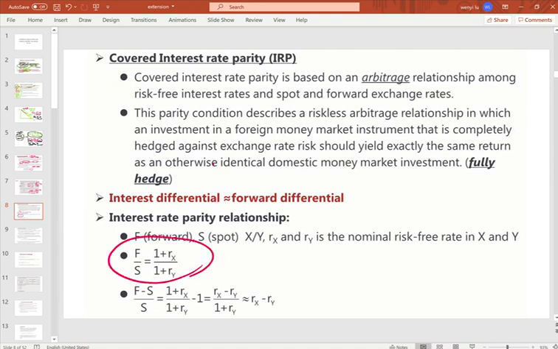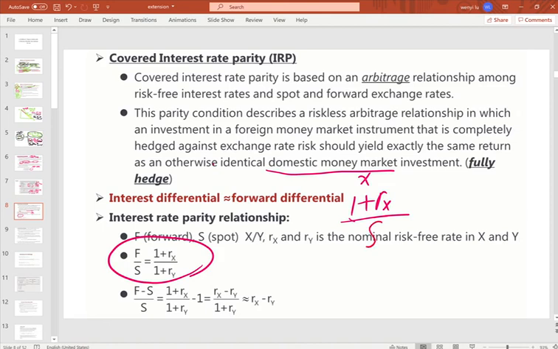If you forget this arbitrage we showed in class, let me help you review a little bit. We borrow the money directly in the domestic country X, so we owe 1 plus Rx: this is the principal, and this is the interest. Now we swap this money into the Y country, so we divide by S, the spot rate.